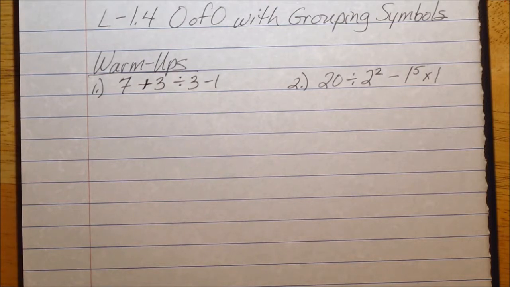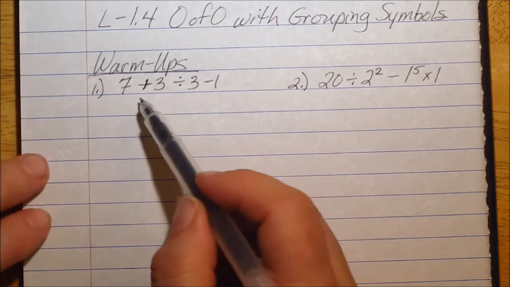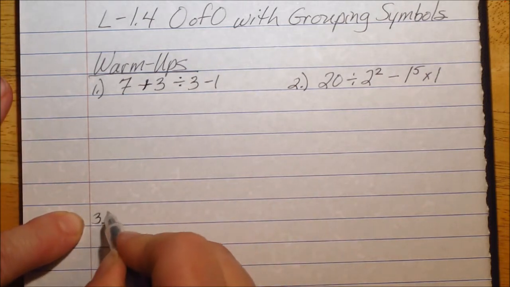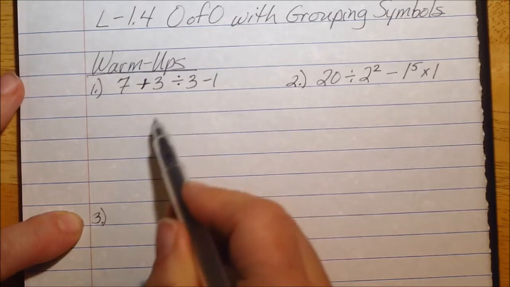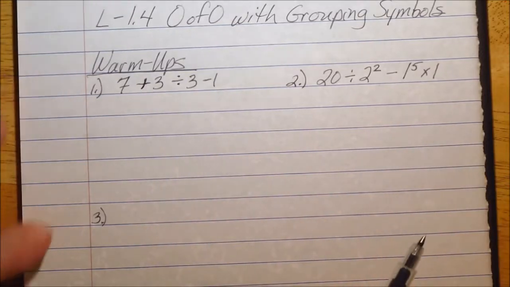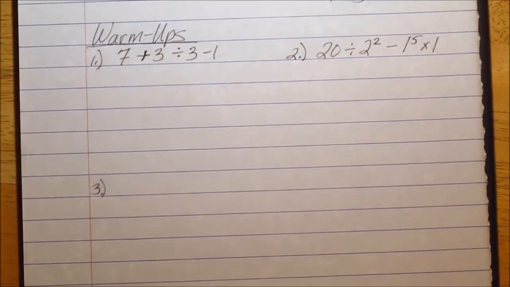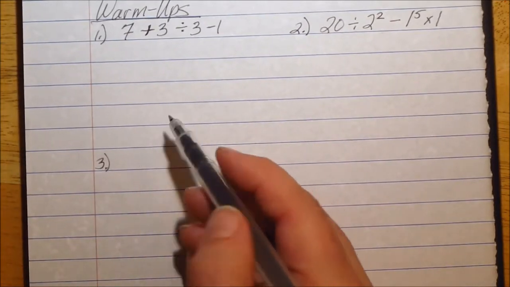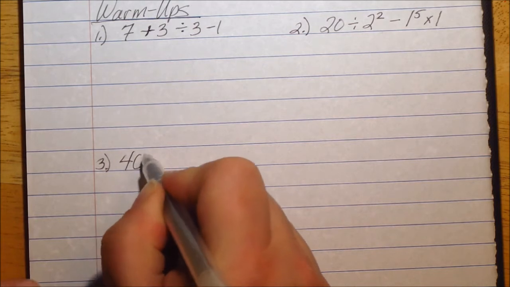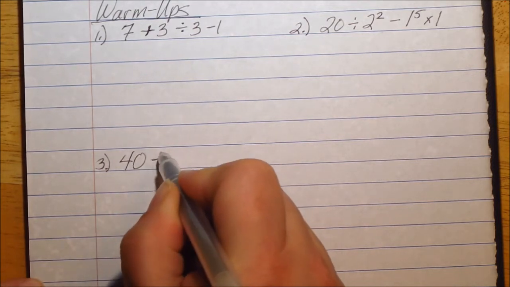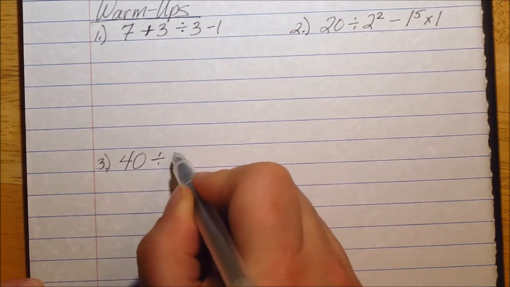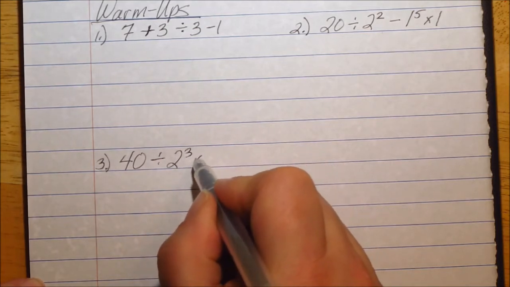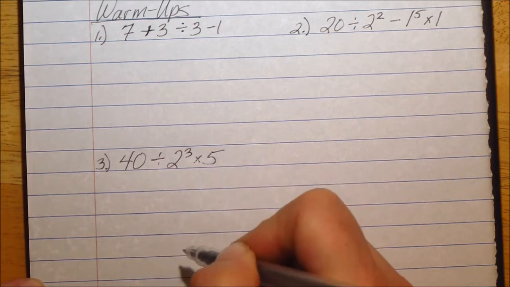Now we need to skip some lines. Let's skip 5 lines, 1, 2, 3, 4, 5, and write number 3 here, because you need some room to make your PEMDAS triangles to show your work. Okay, so number 3 is 40 divided by 2 cubed, 2 to the 3rd power, times 5.